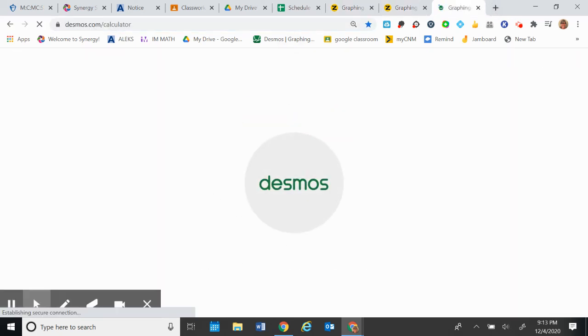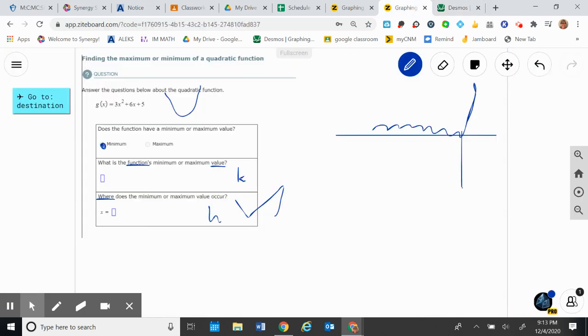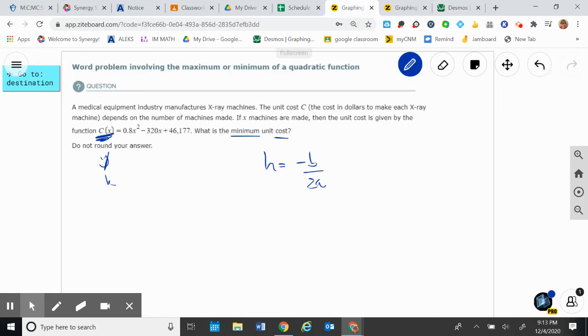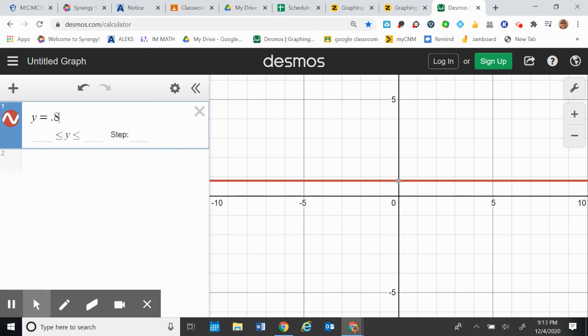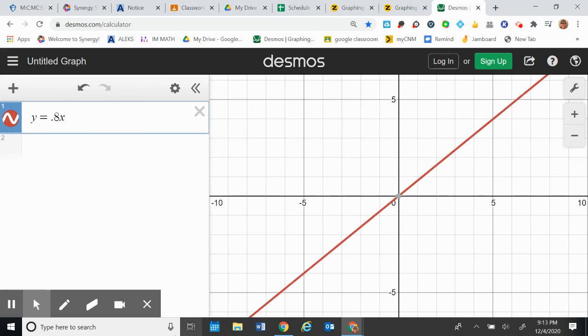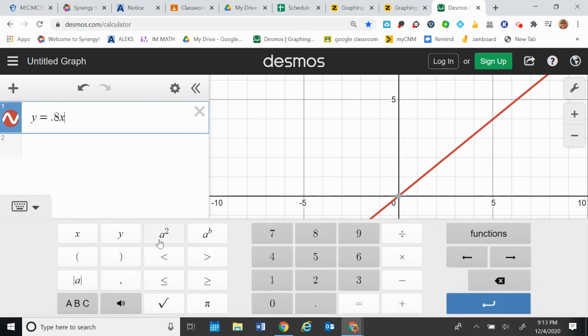I'm going to go to the Desmos graphing calculator, and we are going to plug in Y equals... I don't even think you have to put Y equals, by the way, you guys, did you know that? I'm pretty sure all you have to do is 0.8x squared, let me get the square, boom, give me that square.